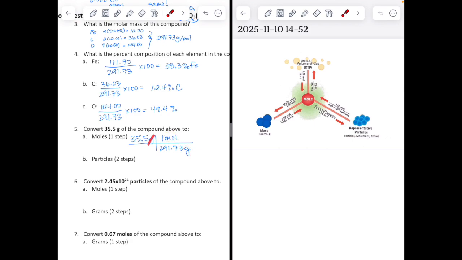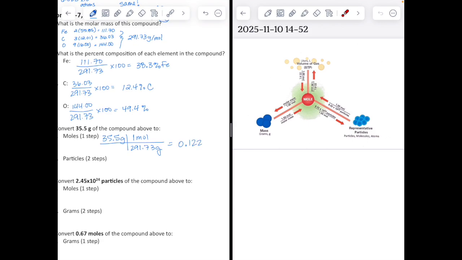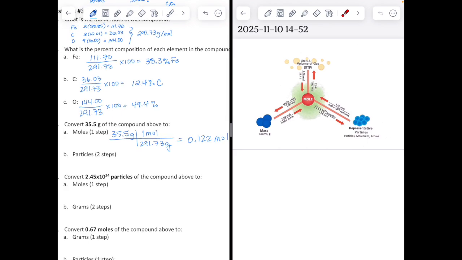So your grams are going to cancel, and you're going to end up with moles. And what do you get? How do you plug that in? You're going to type in 35.5 divided by 291.73. 0.122 moles.